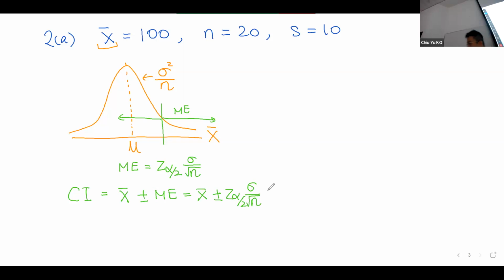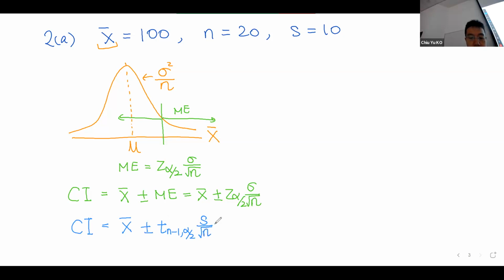If you look at the slides, we emphasized that if you don't know sigma, then we use the T. So this question would be very similar. If you don't know, then we use this formula. Instead, you replace this by T with n minus 1 degrees of freedom, alpha over 2, times S over root n.